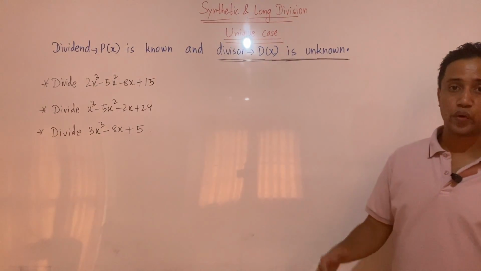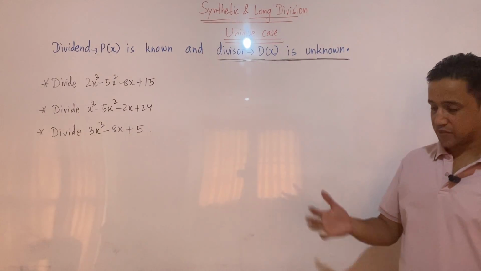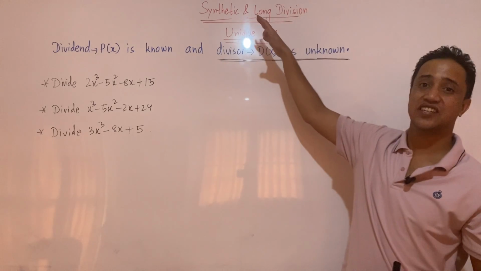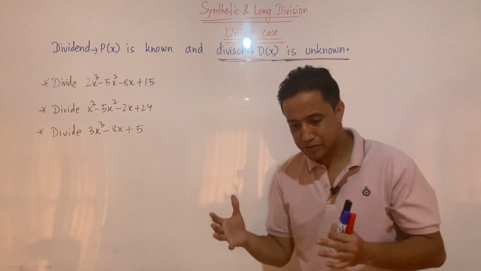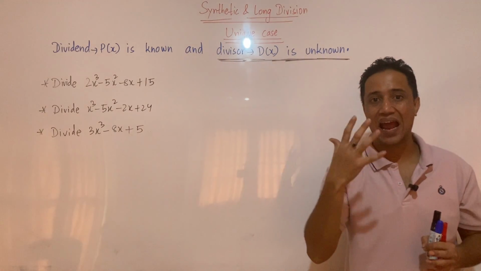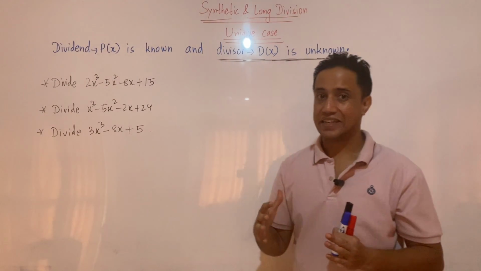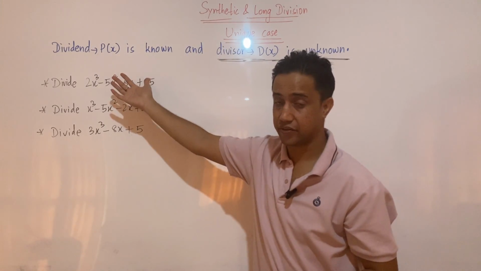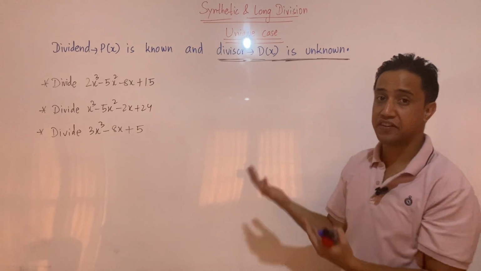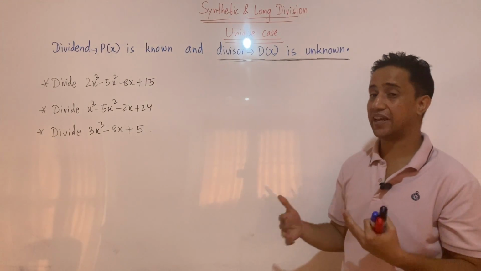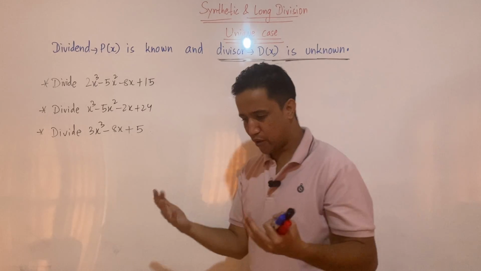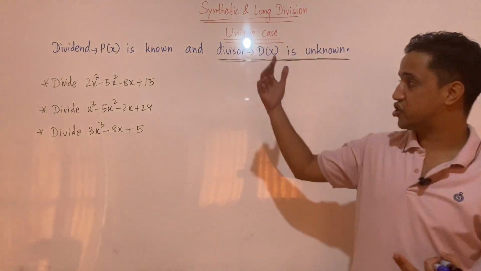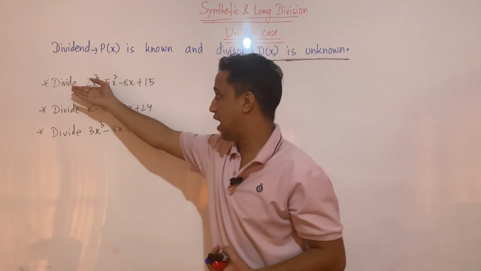In this video, we are going to learn a unique case on division of polynomials using synthetic and long division method. Sometimes it may happen that you are asked to perform division on a dividend, and the divisor is not known, or in other words, only the dividend is given and the question says perform or divide this expression.